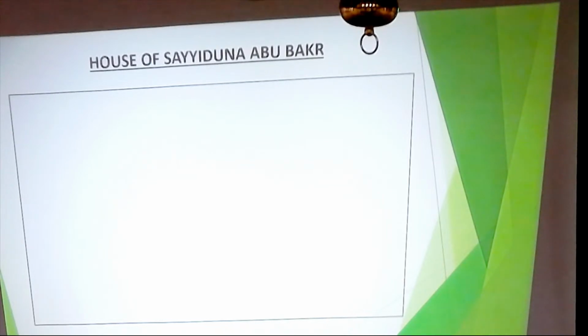The other house, which also was incorporated, was Sayyidina Abbas radiallahu ta'ala anhu's. Now Sayyidina Abbas radiallahu ta'ala anhu's house was on the Qibla wall. So when Sayyidina Umar radiallahu ta'ala anhu wanted to, he extended it this way as well, towards the Qibla side.